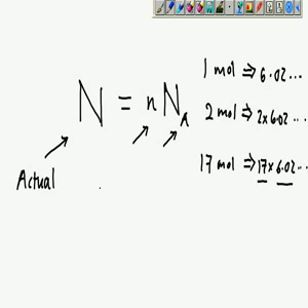It could be more than the Avogadro's constant, more than 6.02 times 10 power 23 if you have more than 1 mole. It just depends on the number of moles you have. It could be 1, it could be 2. If it's 1, it's just the same. If it's 2, 2.5, 2.7, and this is the Avogadro's constant.